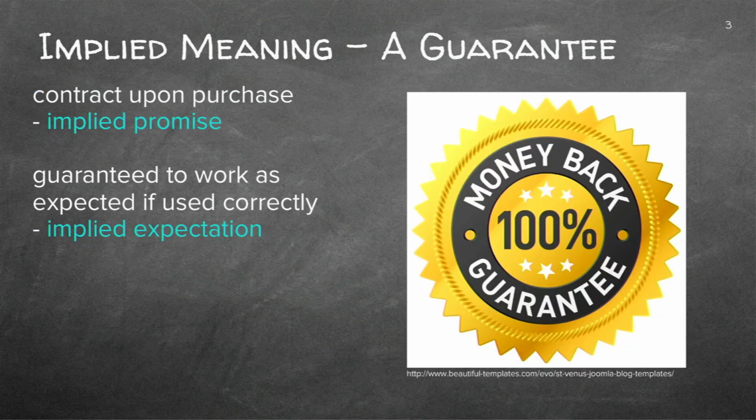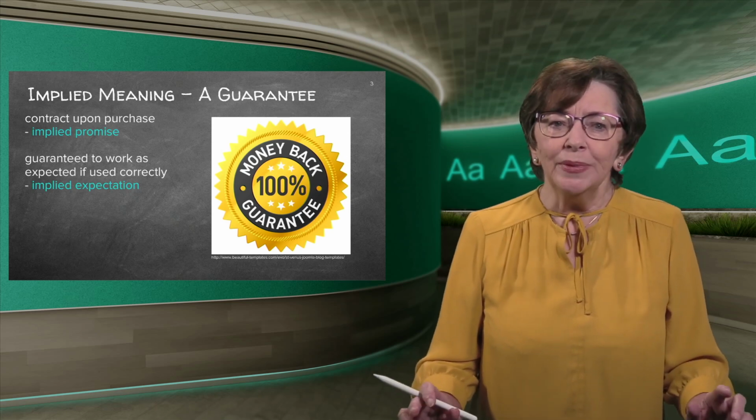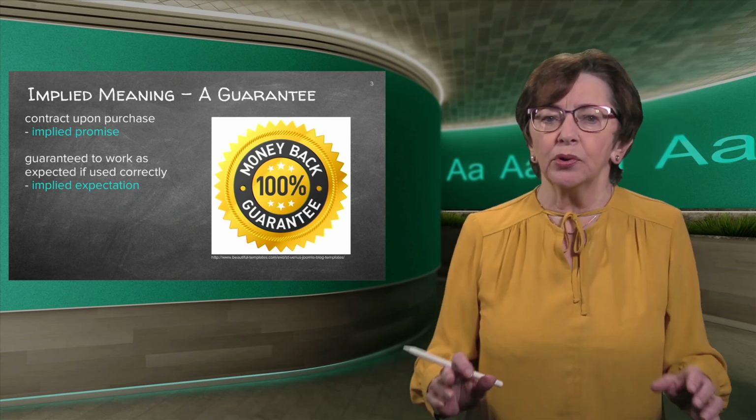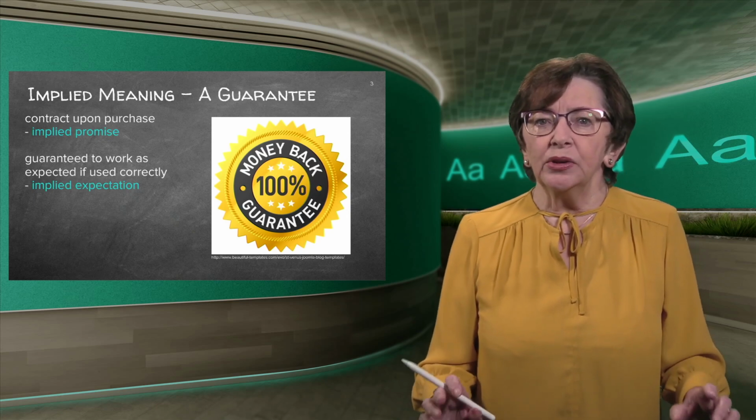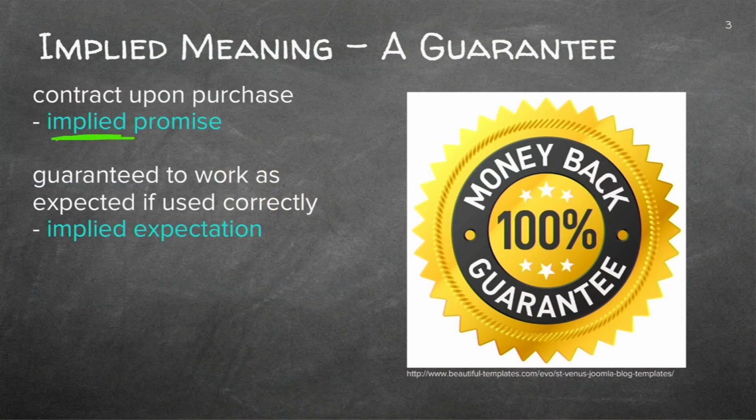Now, let's look at another example. For instance, when you buy a fridge or any machine of any kind, you normally get a contract upon the purchase. And there is an implied promise in the purchase, because the contract implies something. Now, what does it imply? It's going to tell you that it has a money back.